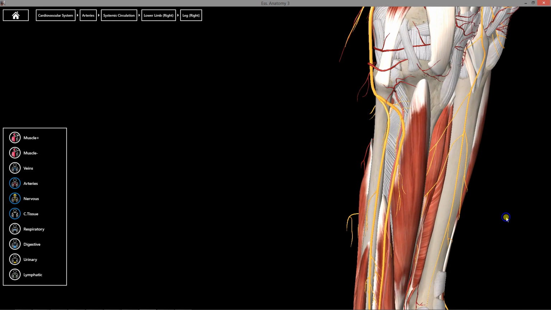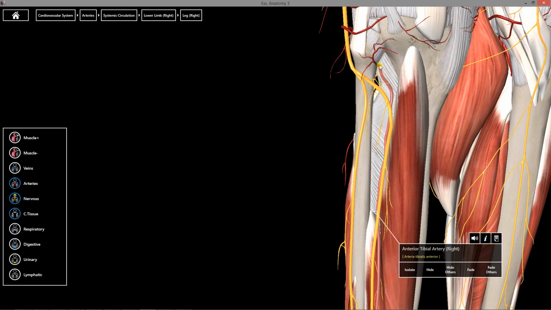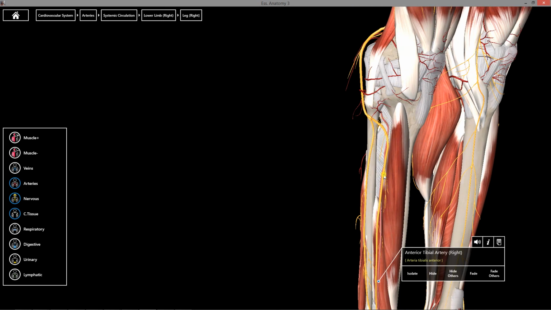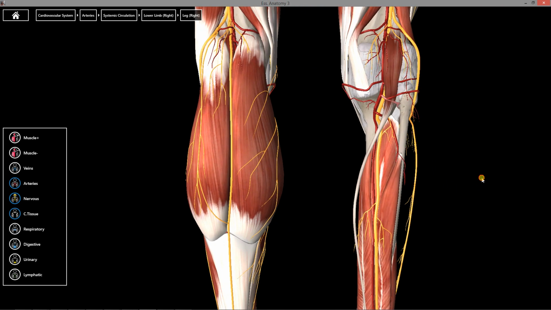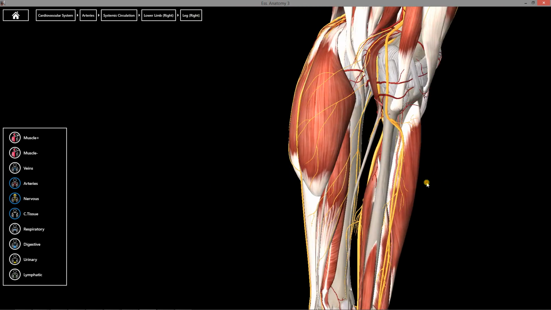It actually needs to travel through the interosseous membrane in order to get to the anterior compartment of the leg. And we're actually asked to identify that in the dissector, so I guess that's relevant. And this provides blood to the whole anterior compartment. And as said before, it's a branch of the popliteal artery.